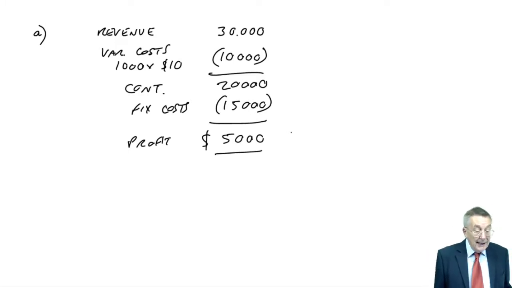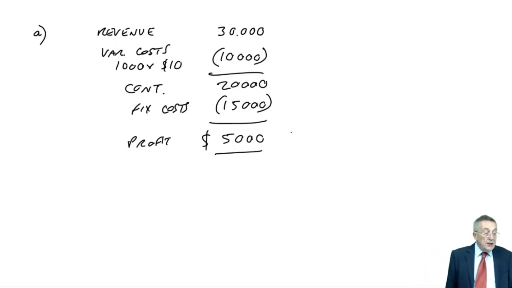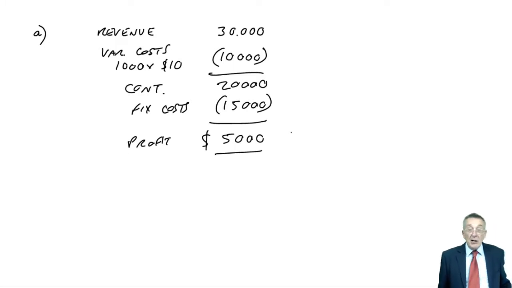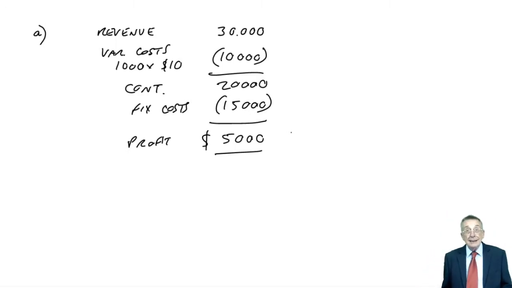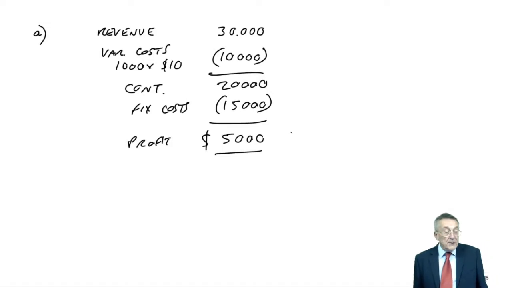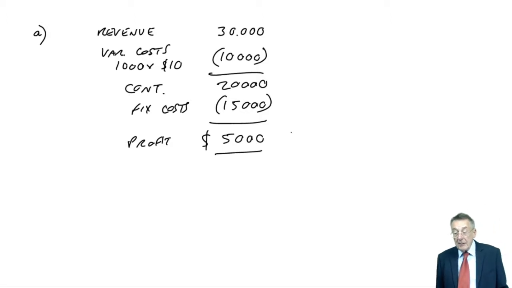However, the only problem is, in practice, that all those figures are just estimates. If the estimates are correct, the revenue really is 30,000, the fixed costs are 15,000 and so on, this is profitable and we should go ahead. But what happens if it turns out any of those estimates are wrong? Obviously, you can never estimate perfectly.